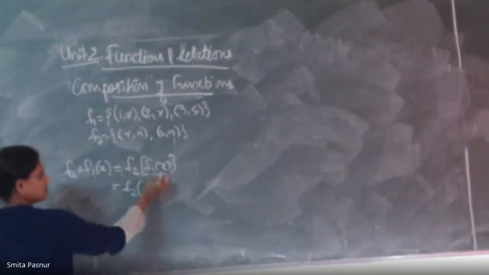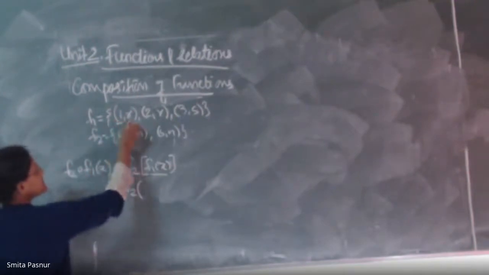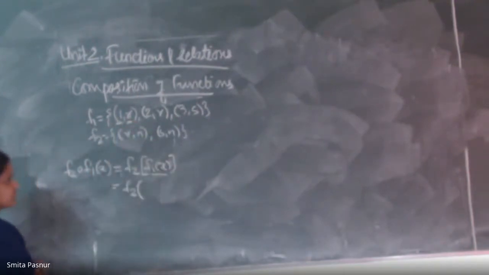First find out the output of F1 of X. What is F1 of X? This is the X element, this is the Y element. Understood?